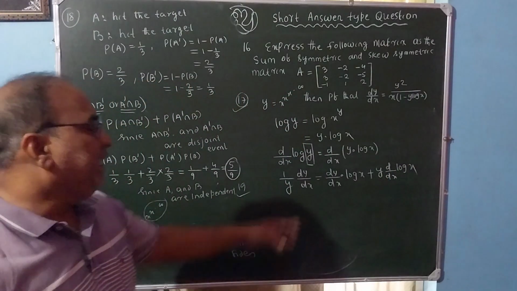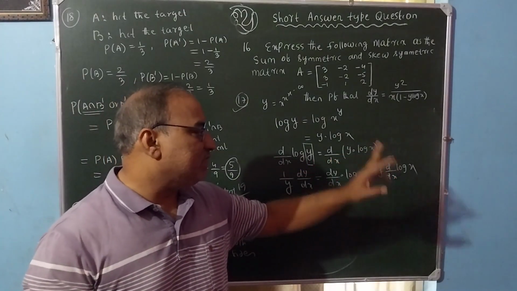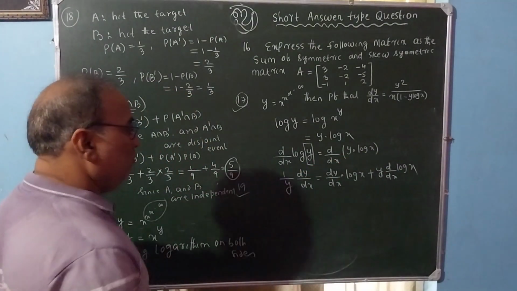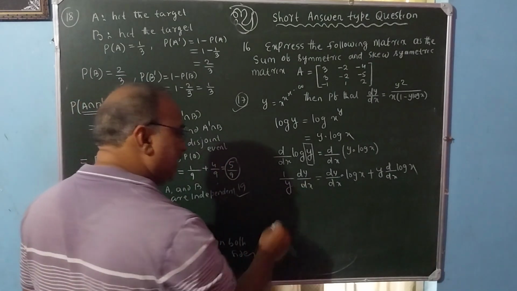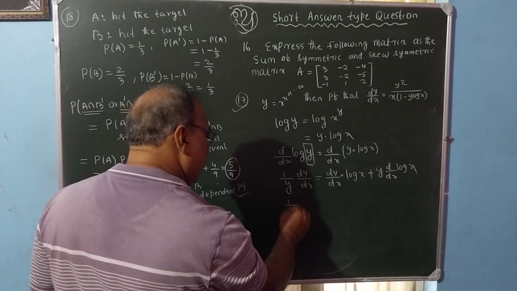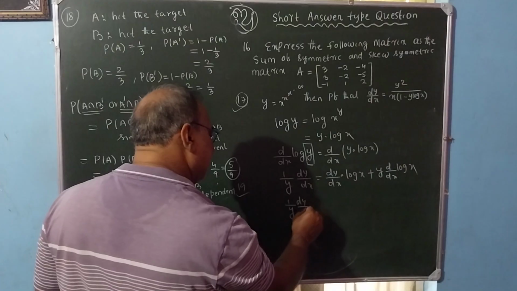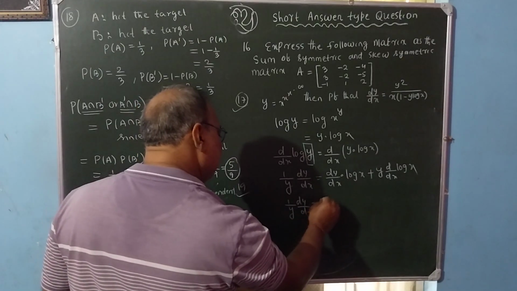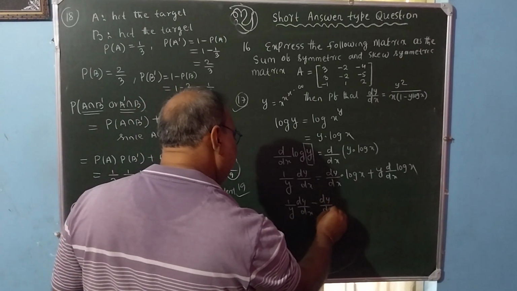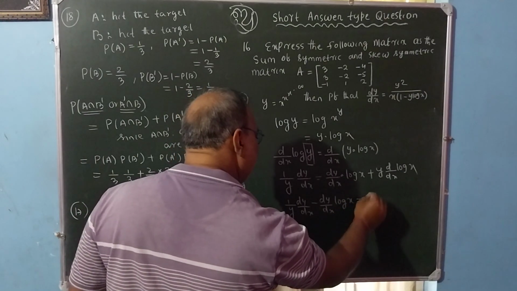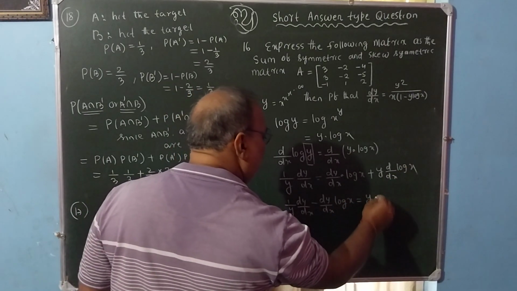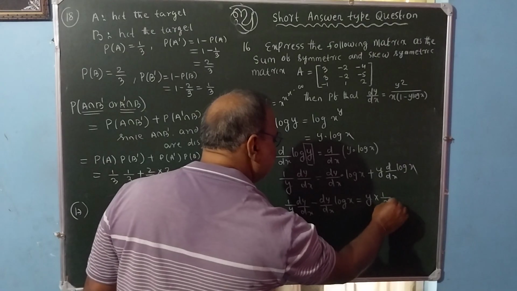Product formula: u derivative of v plus v derivative of u. So the term which contains dy/dx will come to one side. So 1 by y dy/dx minus dy/dx into log x equals y times the derivative of log x, which is 1 by x.